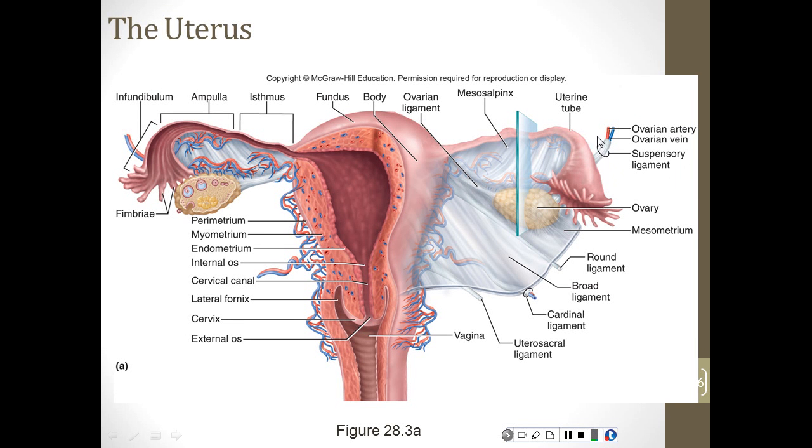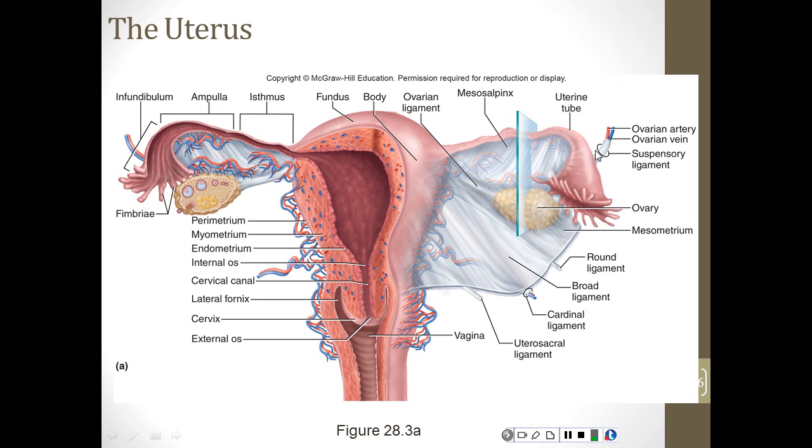These blood vessels are within this ligament, on either side, and they travel through the broad ligament. Within the broad ligament, you see all these blood vessels here. The red ones are ovarian arteries.